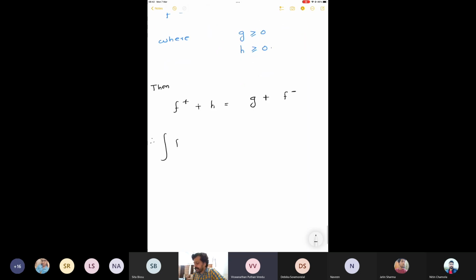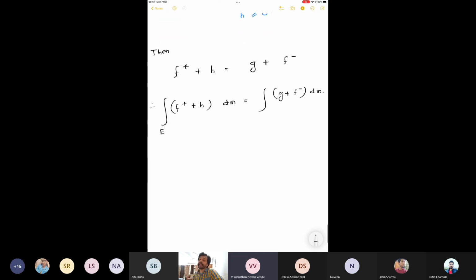Therefore, the integral of f plus h dm is equal to the integral of g plus f minus dm, by the linearity of the integral of non-negative functions.